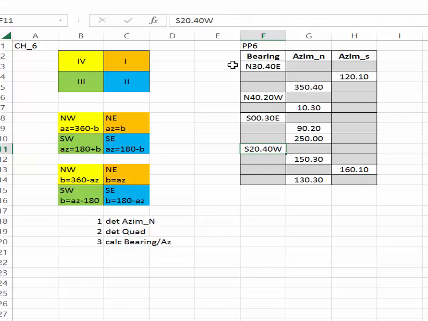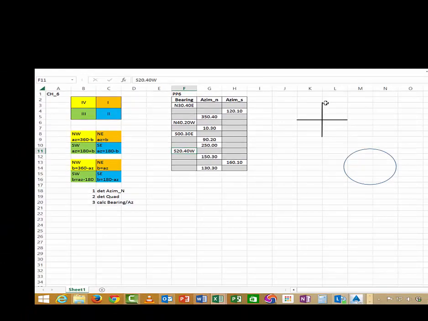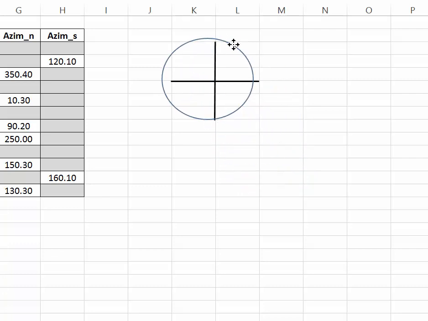And the way I think of it, you may want to create your own notes similar to this. Since we're talking about angles, and angles are 360, think of everything in a circle like this.